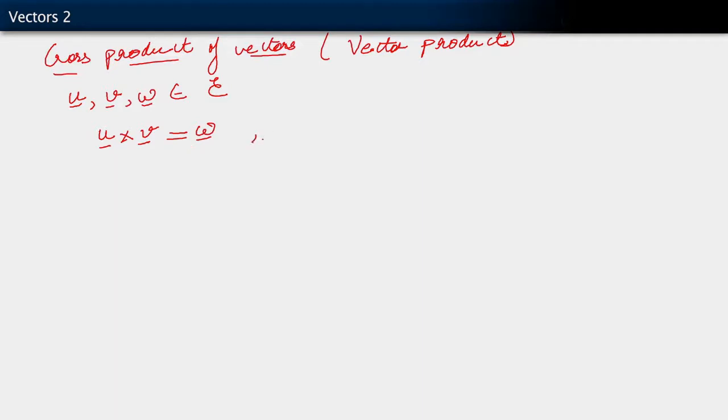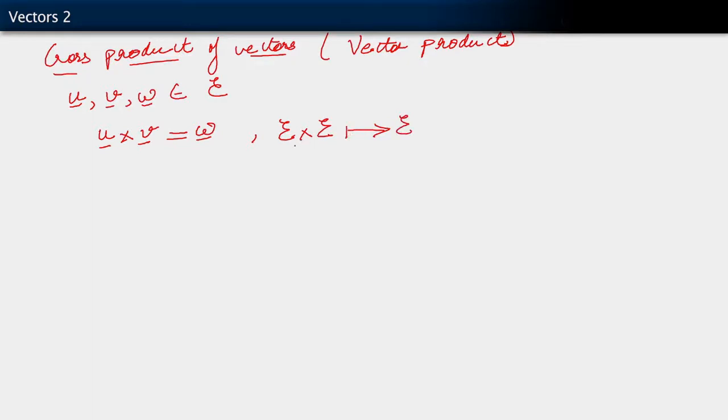Using the mathematical notation that we employed to talk about how the dot product maps two vectors, both from the space of vectors, into the reals, we have the following notation. We take u and v, both of which belong to the vector space E, and we are mapping them onto the vector space E again.